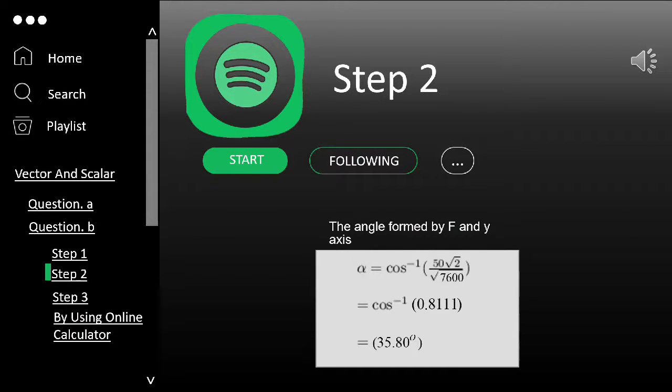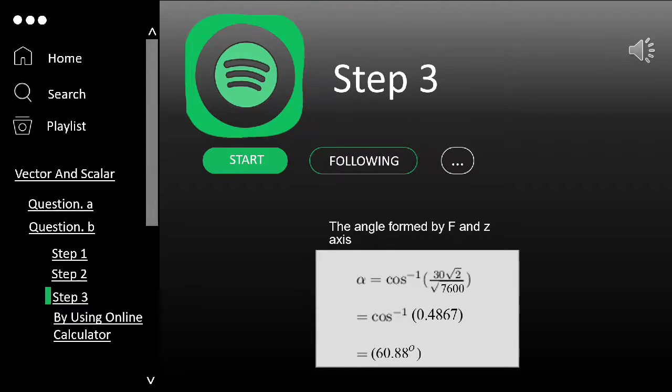Okay, for the angle formed by vector F and the y-axis, the arccos of y, which is 50 square root 2 divided by square root of 7,600, we get 0.8111. We get the angle 35.80 degrees.